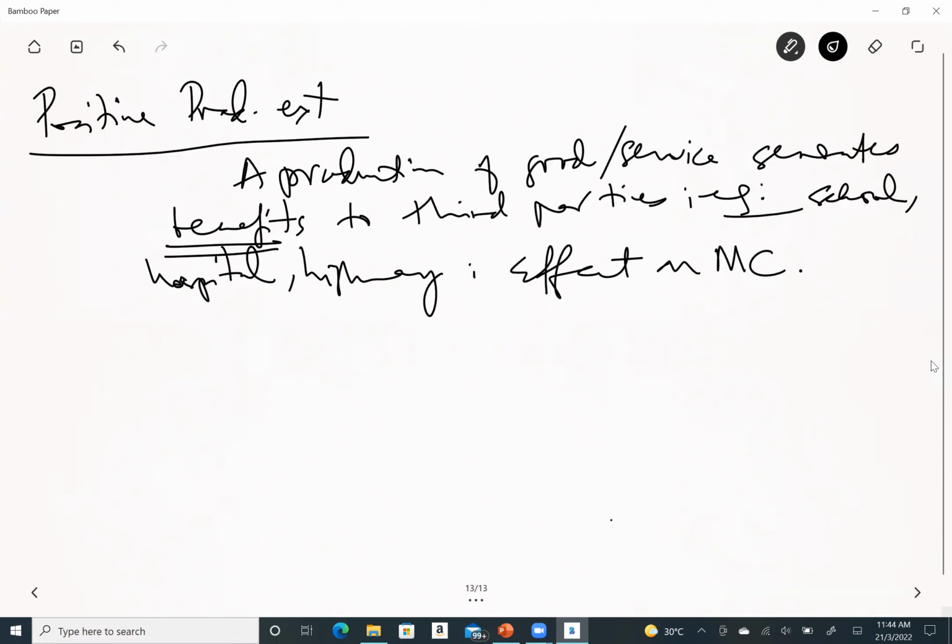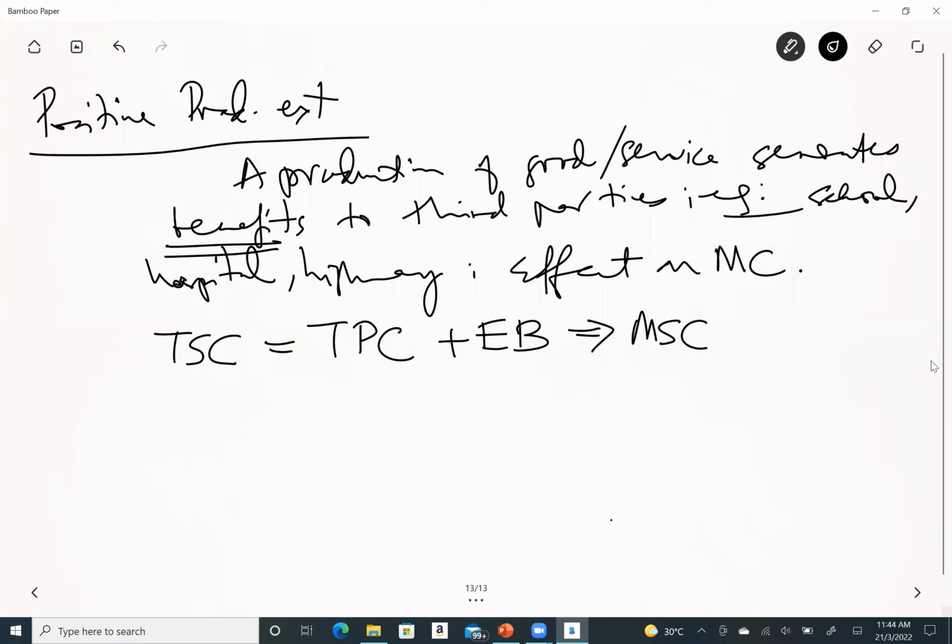The total social cost is equal to the total private cost, and now it generates benefit, so you have to add external benefit. In terms of marginal, the marginal social cost is equal to MC, marginal private cost, plus MEB.